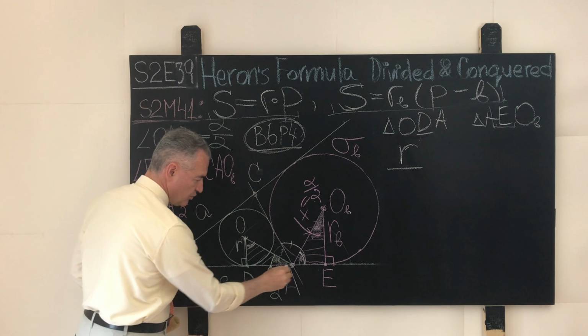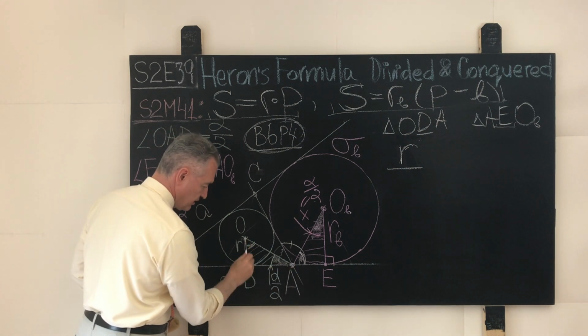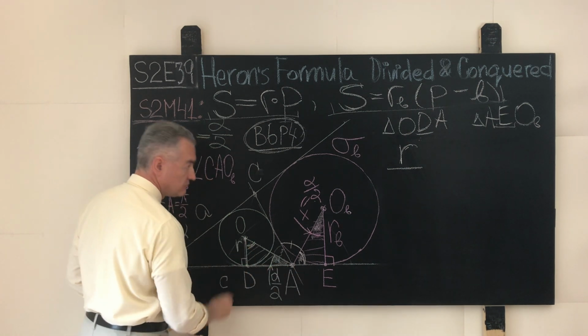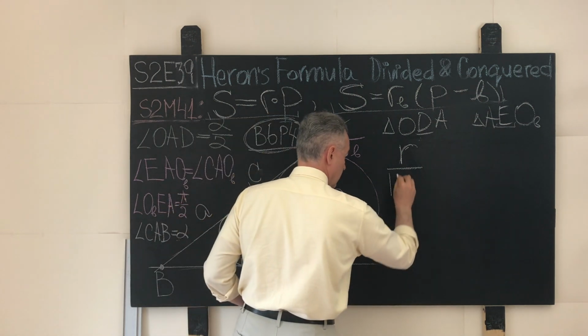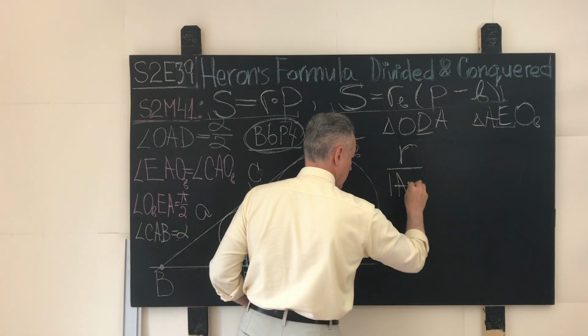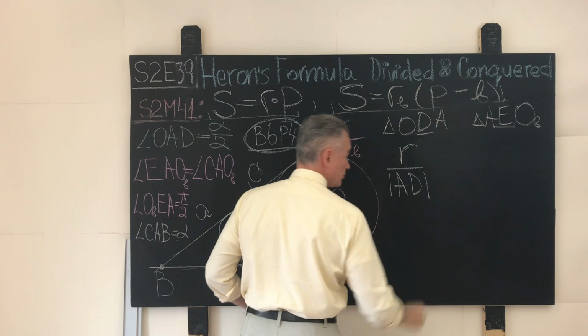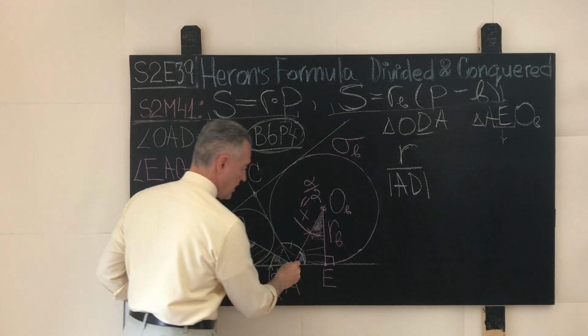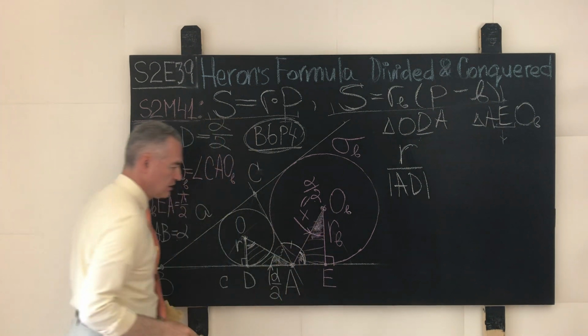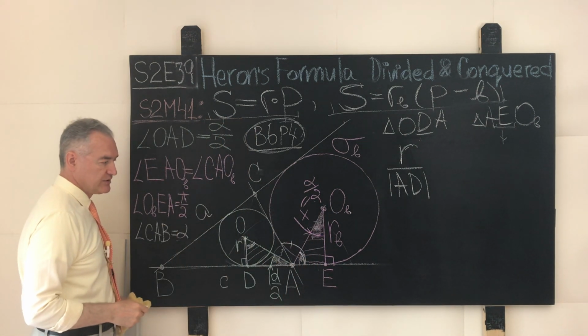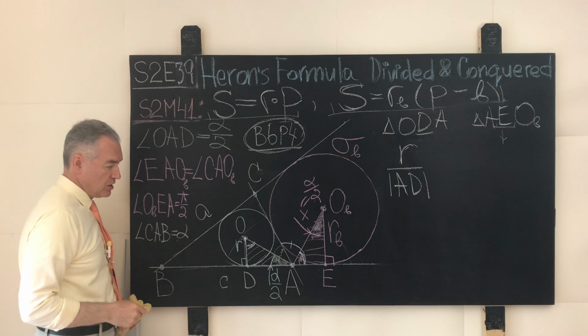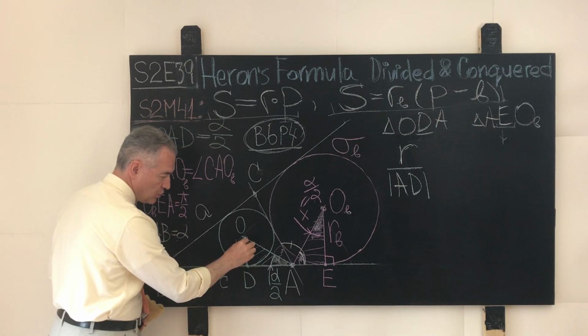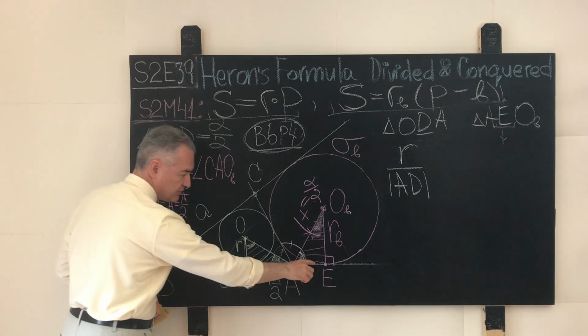To the distance between the points A and D, this side to this side, AD, like so. And from this triangle, from the triangle AEOB, what is the equivalent of the side OD in this triangle?